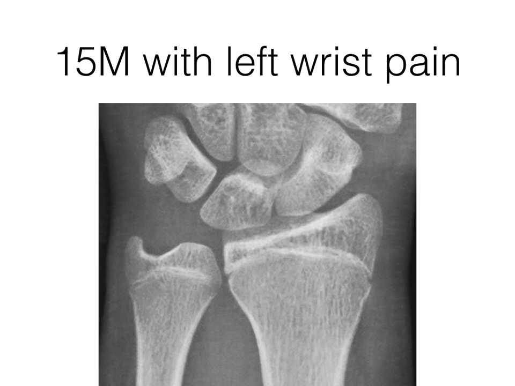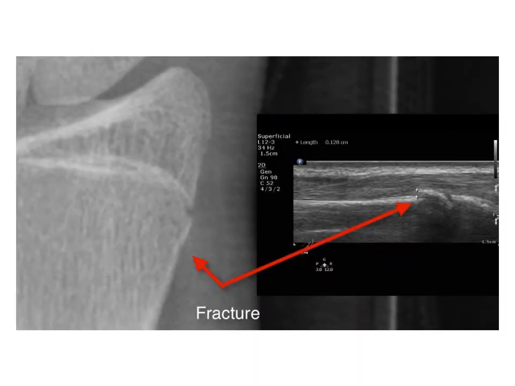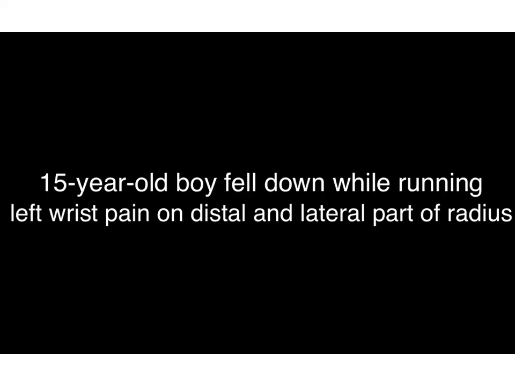So I used ultrasound to challenge. See? Disruption of the cortex. Here is the growth plate. When we enlarge it, see the fracture line here. Difficult, right? So sometimes we see these conditions.